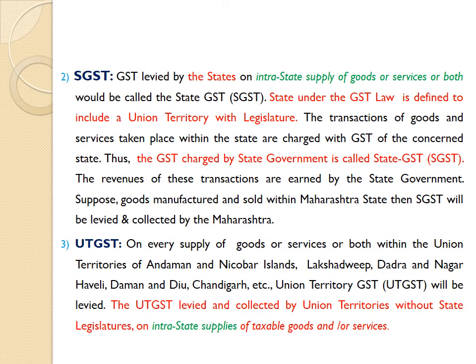The UTGST is levied and collected by the Union Territories without state legislatures on intrastate supplies of taxable goods and services.